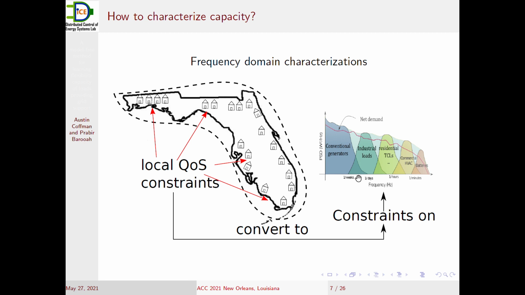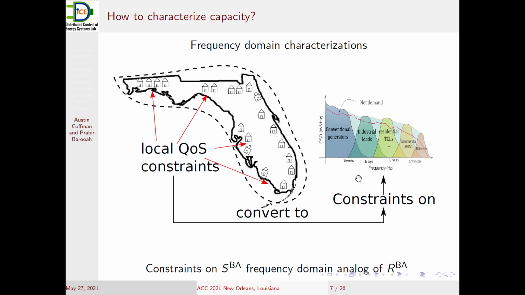So the idea is how do I constrain in the frequency domain what type of spectral density the regulation signal can have? There are various advantages to doing this, but you can look at the references linked prior for the reasons why. Now, in this setting, we have SBA, which is the spectral density of net demand, and this is the frequency domain analog of RBA.